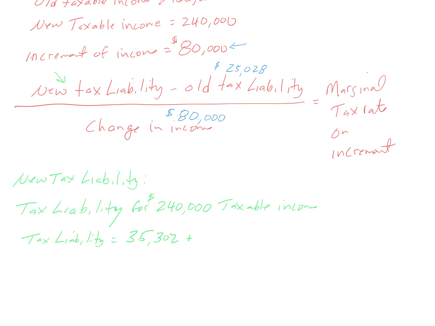Because we're dropping into the 24% bracket, plus 24% of 240,000 minus $206,700. Okay.